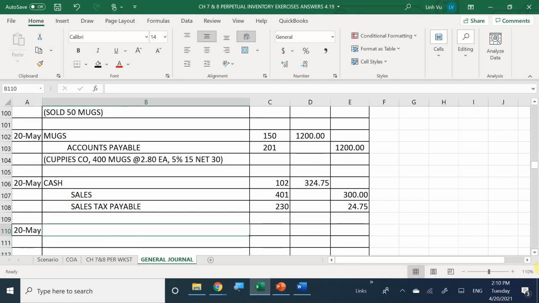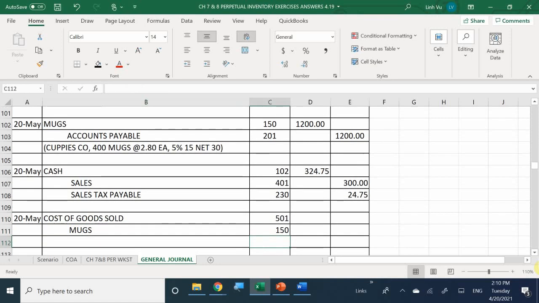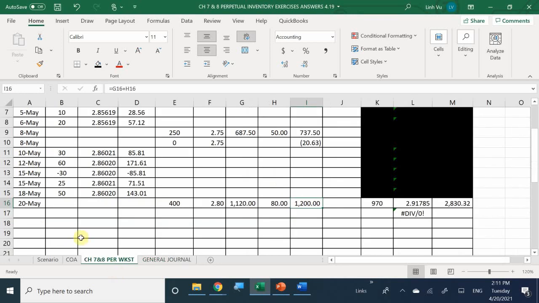And then once again, what else do I need to do? Cost of goods sold. I need to update my inventory and cost of goods sold, with my inventory being mugs. Once again, let's go into my inventory worksheet. It is now May 20th, and I sold 30 mugs.